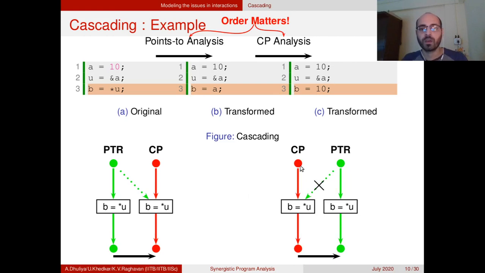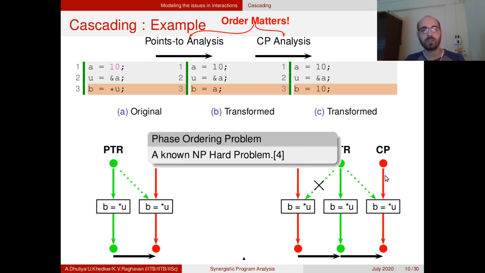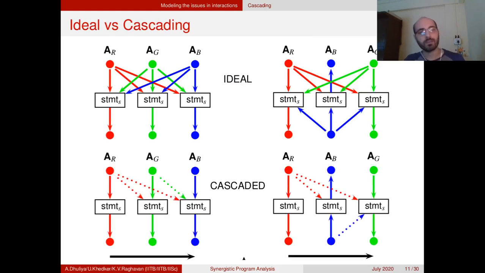Secondly, if CP runs first, it has no points-to analysis before it to utilize, so you have to run CP after points-to analysis. This is known as the phase ordering problem. If you compare the ideal method with cascading, cascading gives an order to things, so there is a phase ordering.